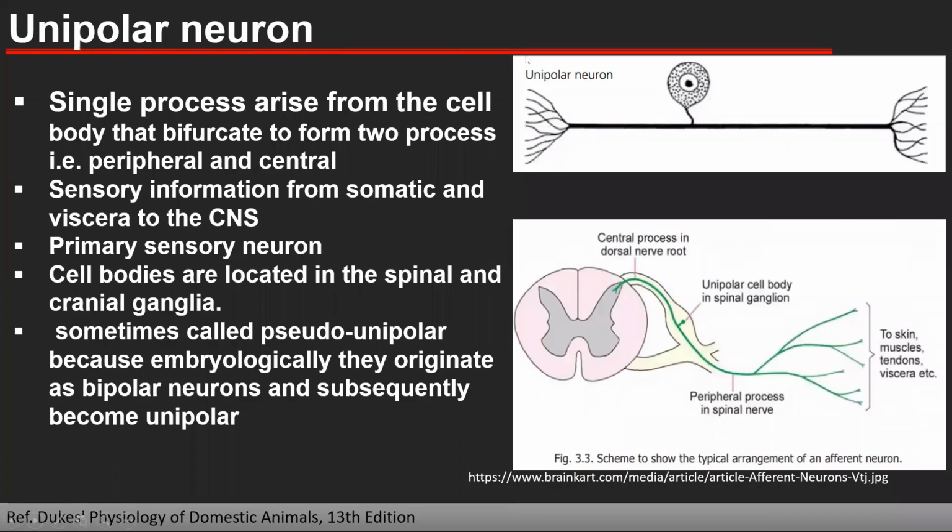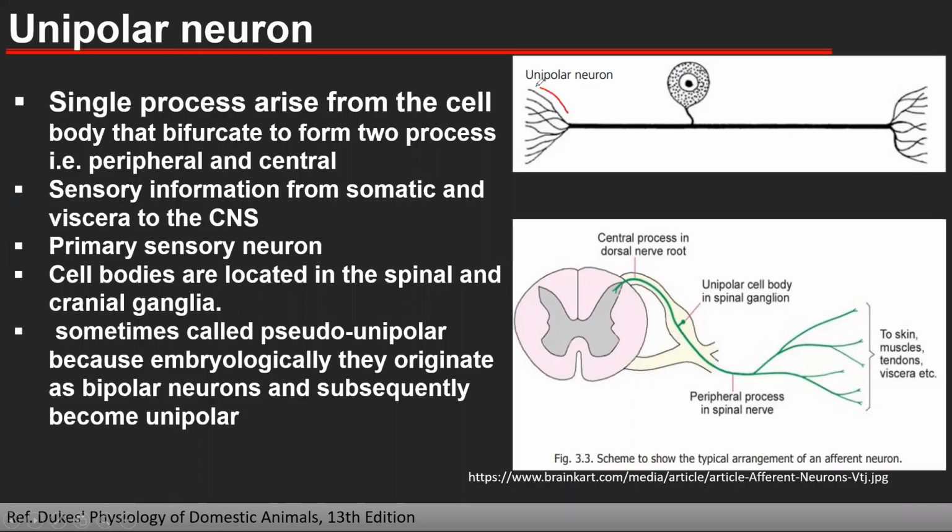The unipolar neuron is a single process arising from the cell body, and that bifurcates to form two processes. One is peripheral. This innervates tissue such as skin, tendon, or visceral organs.